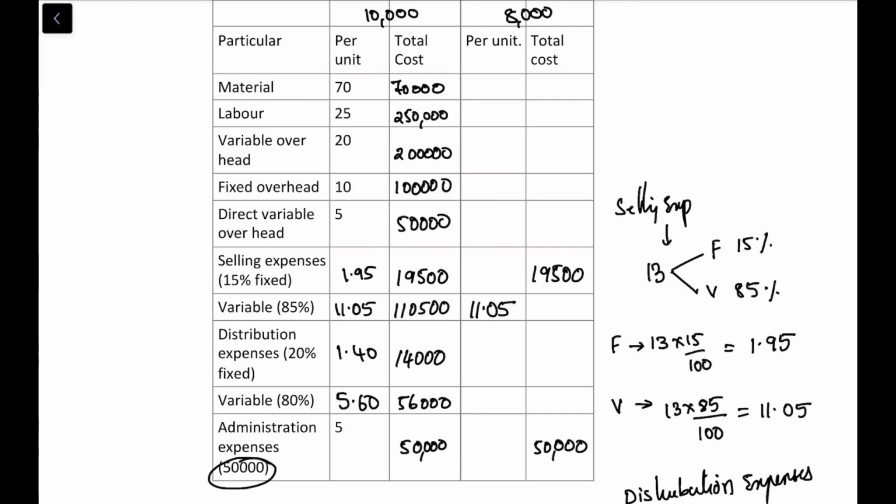If you're going to calculate for 6,000 unit also, you're going to write same 19,500 for fixed. Okay, now multiply. Same for 8,000 units, 70, 25 right as it is. Now 19,500 divided by 8,000 is 2.43 per unit.